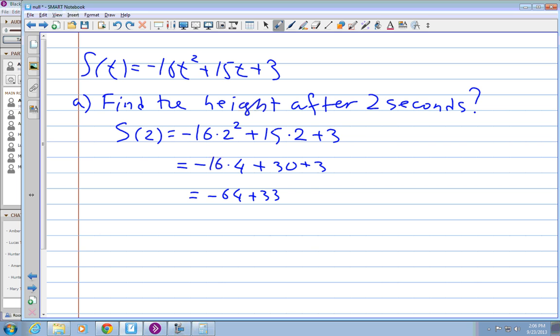So that looks kind of negative, right? So what does that tell you? It definitely landed and it went through the ground and it kept going in. So 2 seconds might have been too big of a stretch. But that's how you would do it for any given time. Okay? So, already landed.